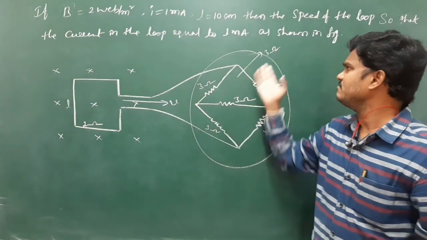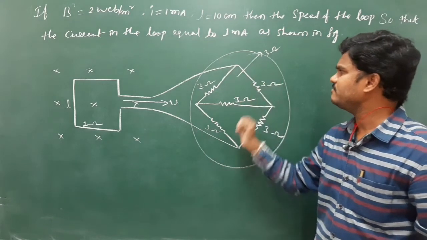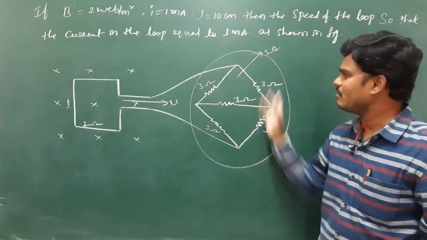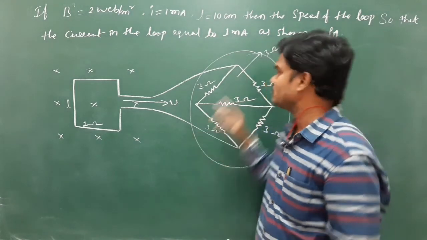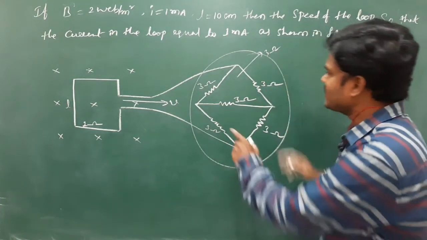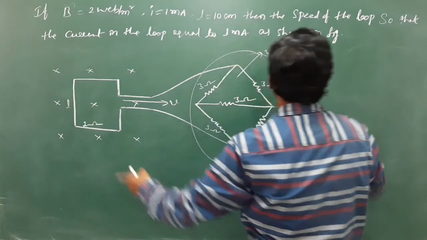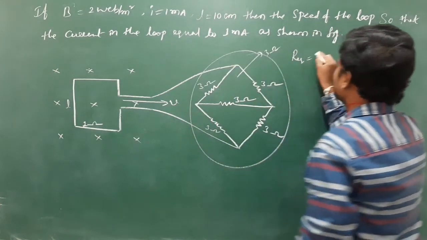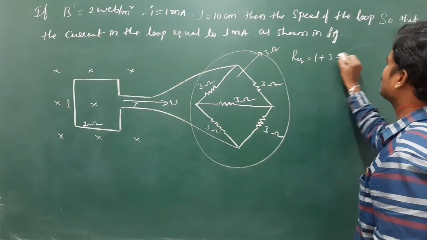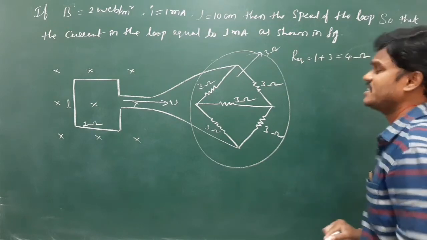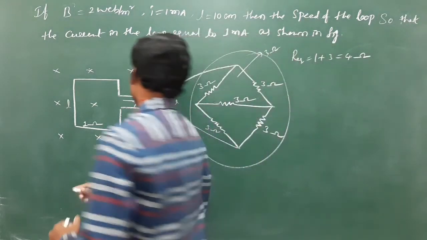If all are 10, the answer is 10. All are 5, the answer is 5. Now all are 3, so the answer is 3. The effective resistance of this loop is 3 and the resistance of this one is 1. So the total effective resistance is 4 ohm.